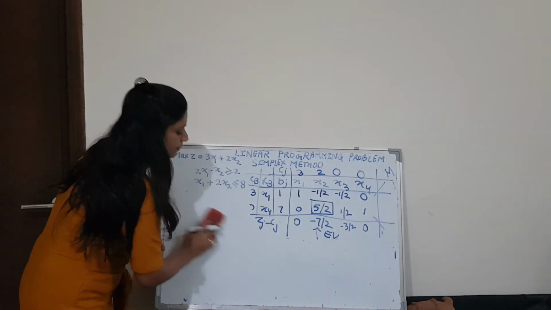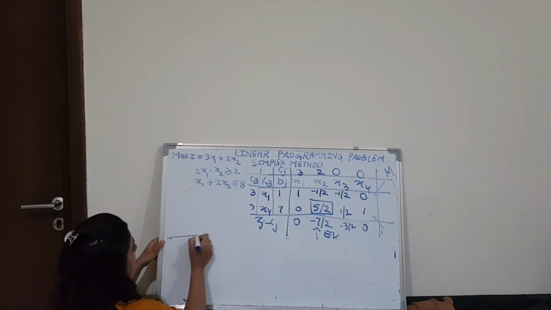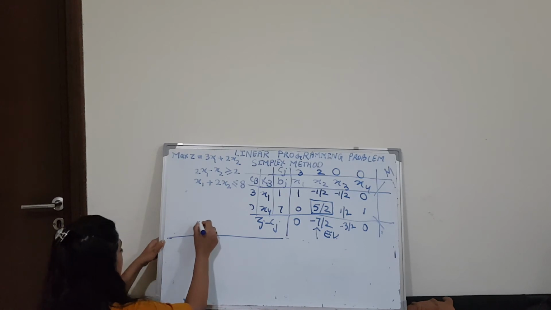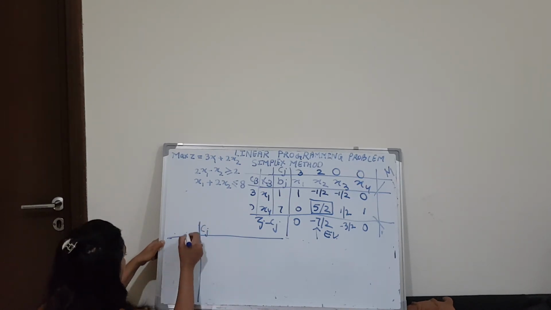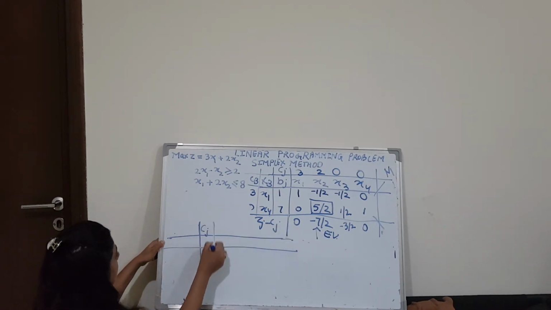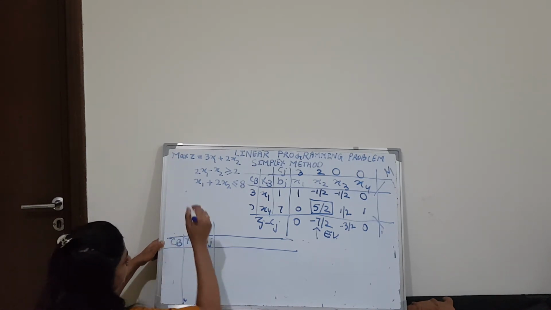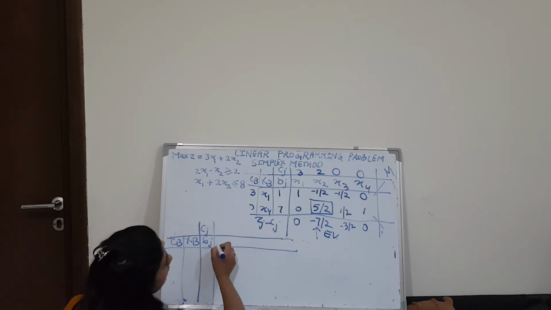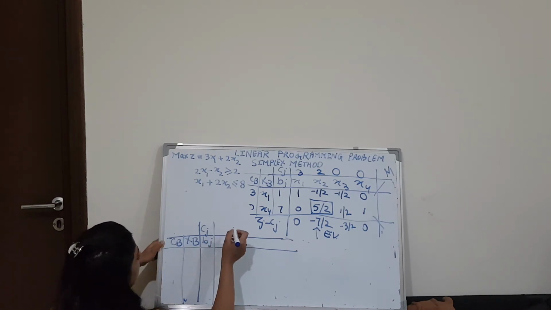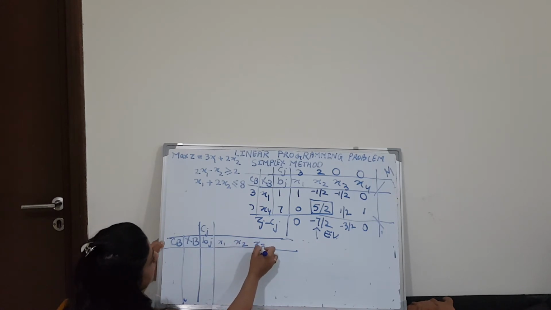Simplex table format is the same. Cj, below Cj is Bj, and here XB, CB, X1, X2, X3 and X4.